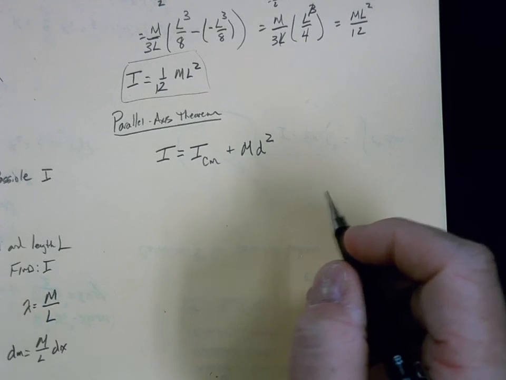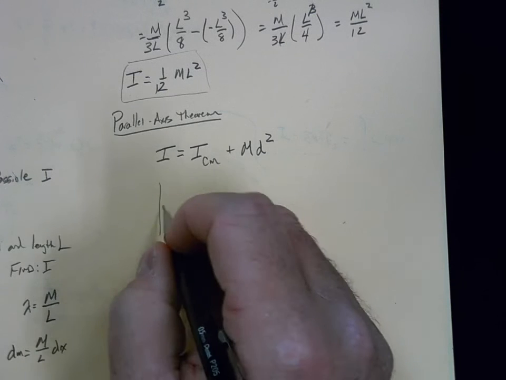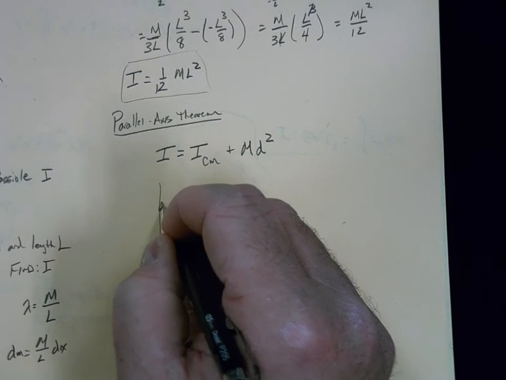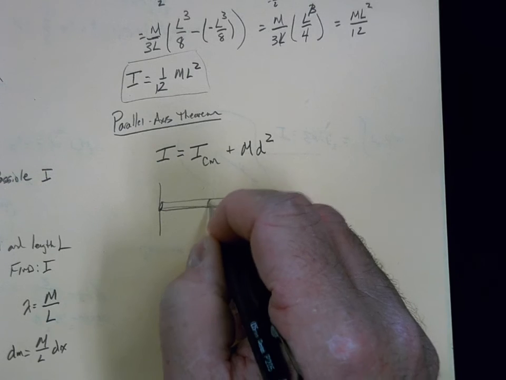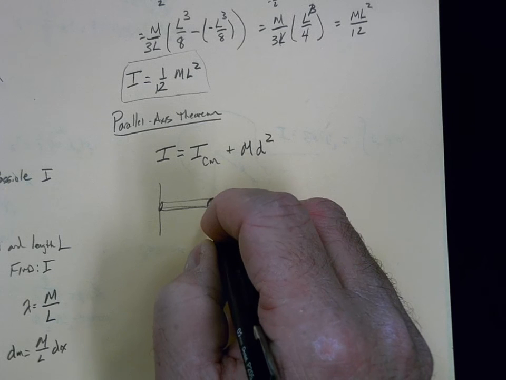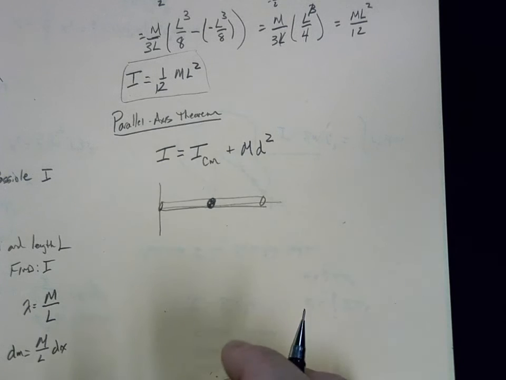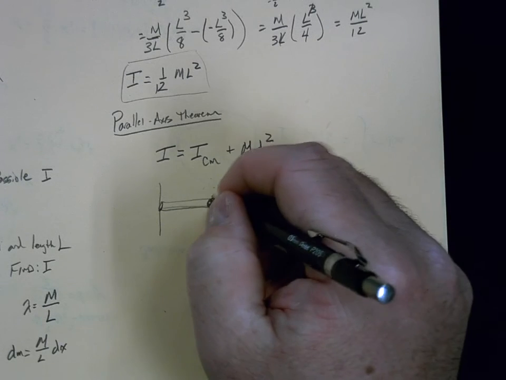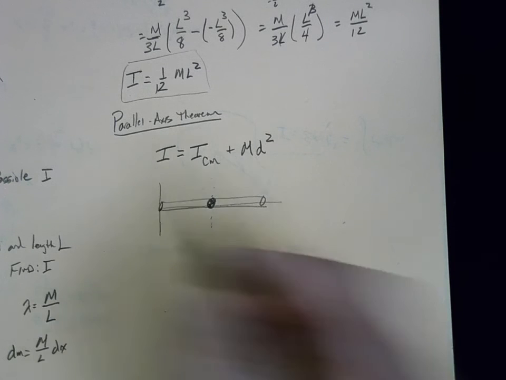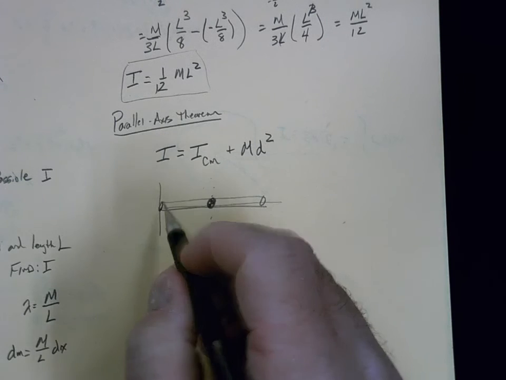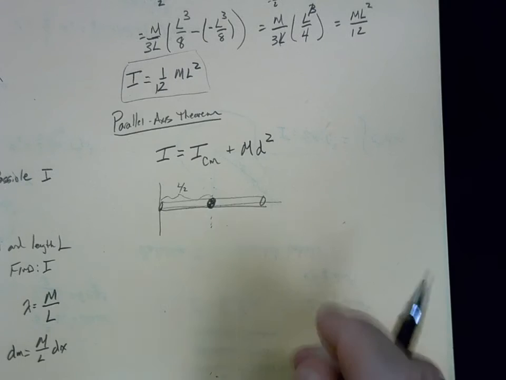All right, so let's take our rod. This is the center of mass of the rod. It's right there. But instead of rotating through this axis like we did in the previous problem, we're actually rotating through this axis over here, which is the end of it. Well, this distance is L/2 for this rod. So what is our moment of inertia going to be?